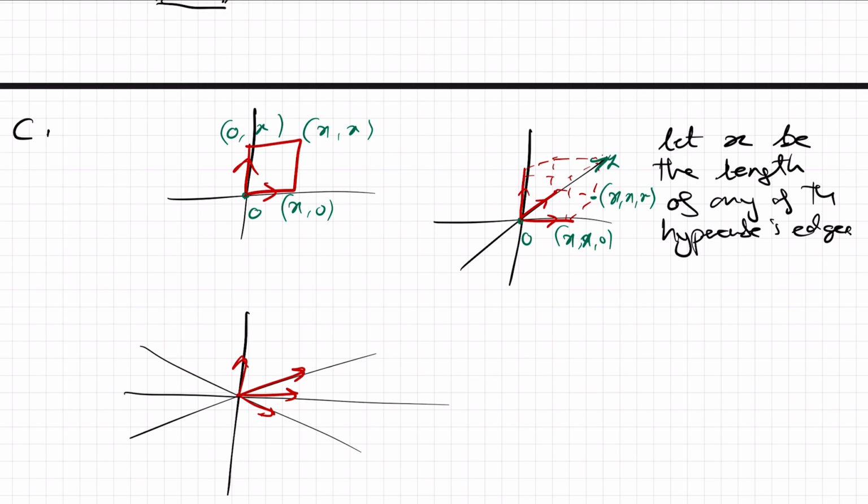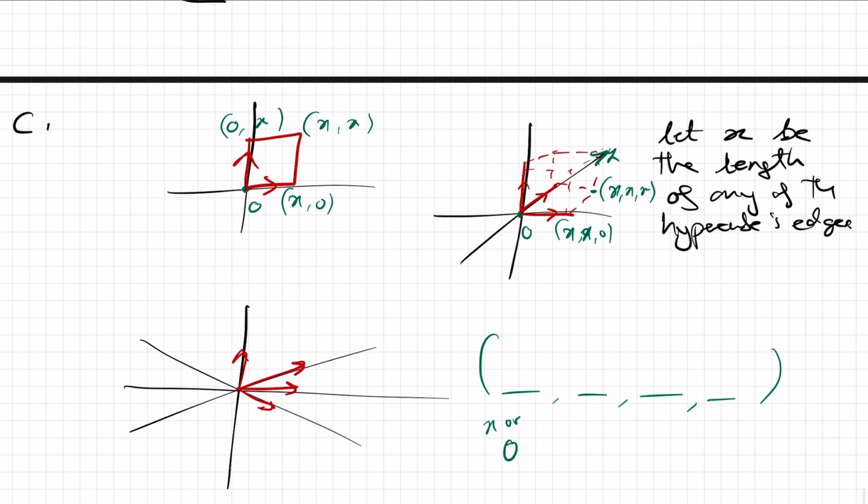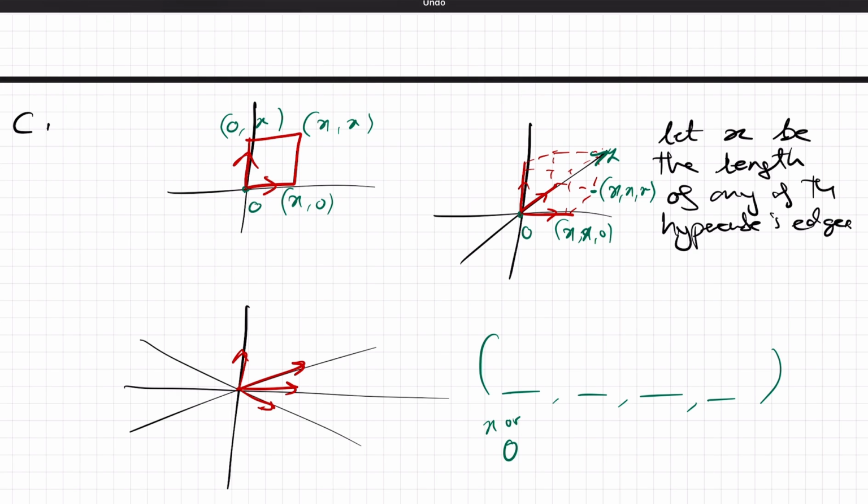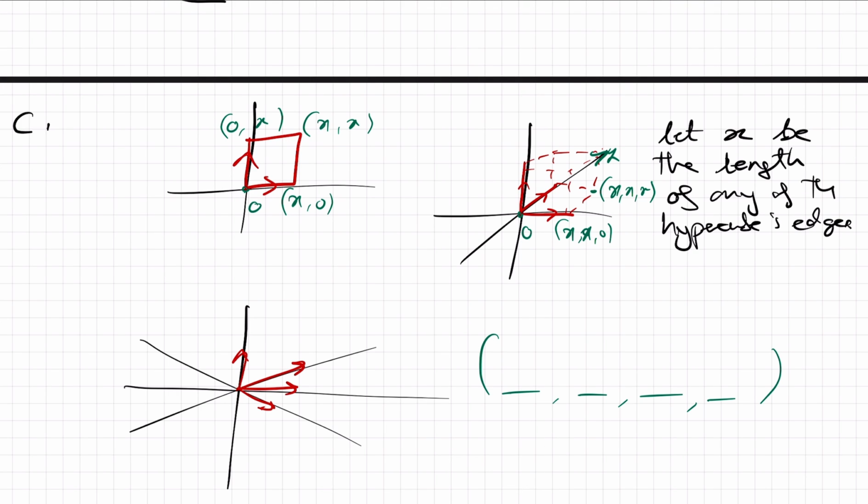And so I suppose we could actually get all of the coordinates. Since this is in 4-dimensional space now, there'll be 4 coordinates, and every vertex of a cube is either given by x or 0, right? Because it's either going to have a 0 coordinate or it's going to be at x, which gives us these options: x or 0, x or 0, x or 0, x or 0.